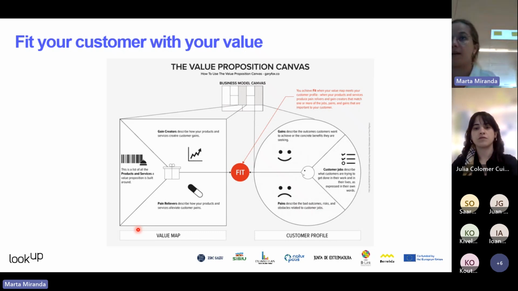So it is important in this part of the business model to have a deeper look and zoom into the customer profile and the value map. This might be like the second step of our business model canvas, but this is another type of tool that I think is very useful in order to be efficient with our value proposition.